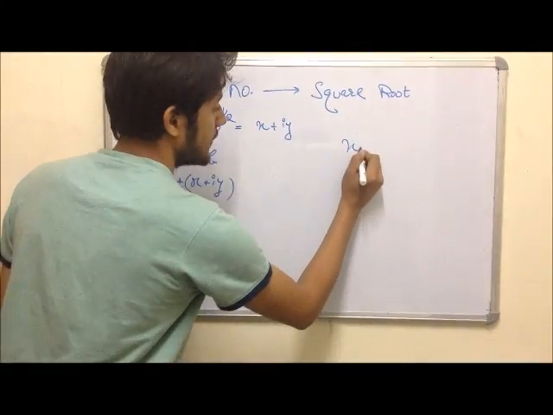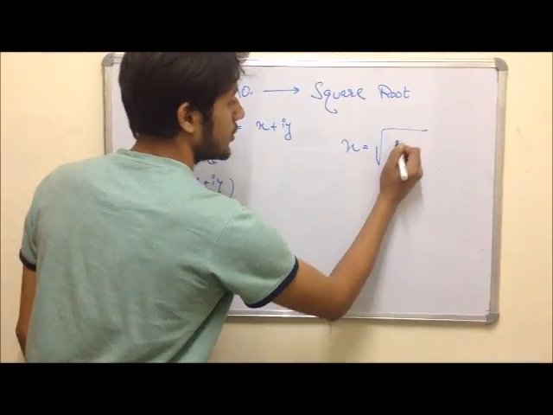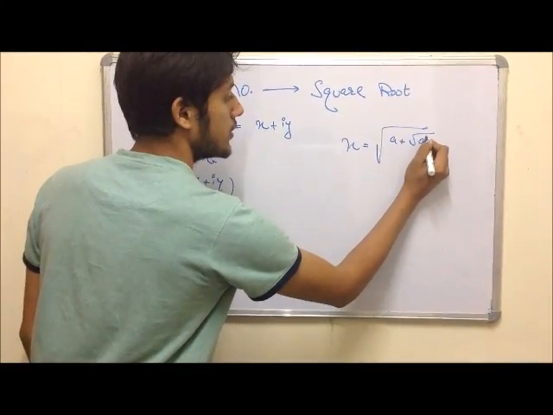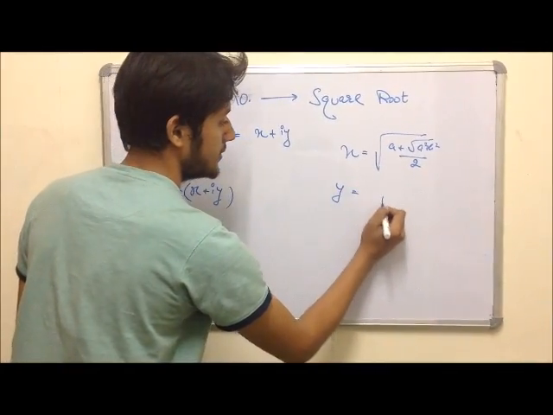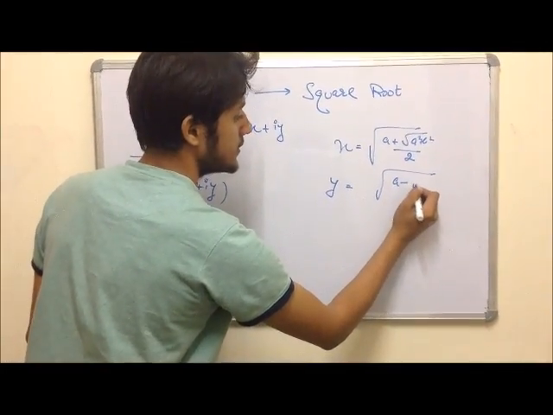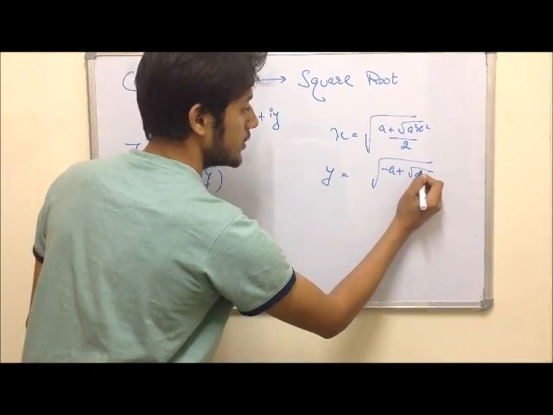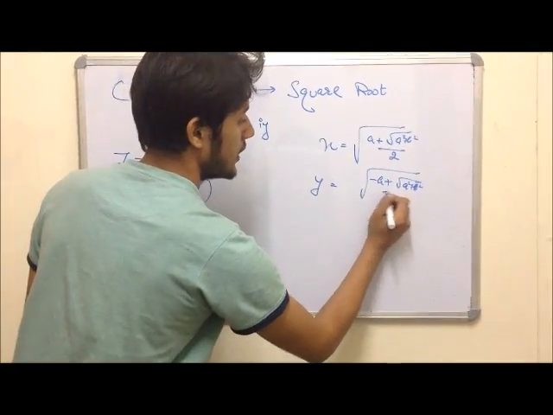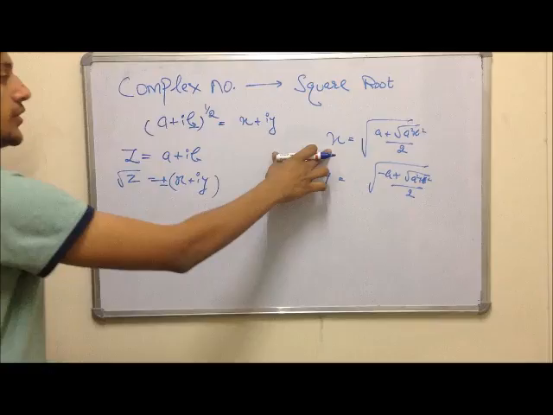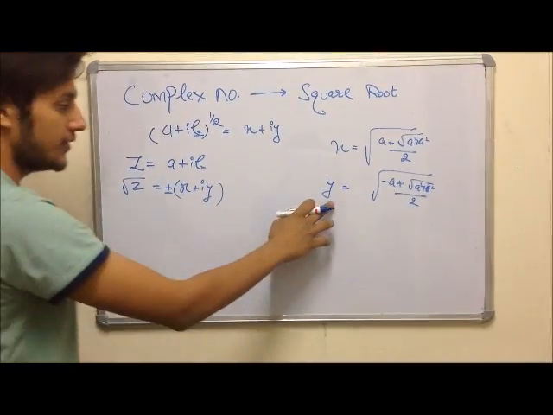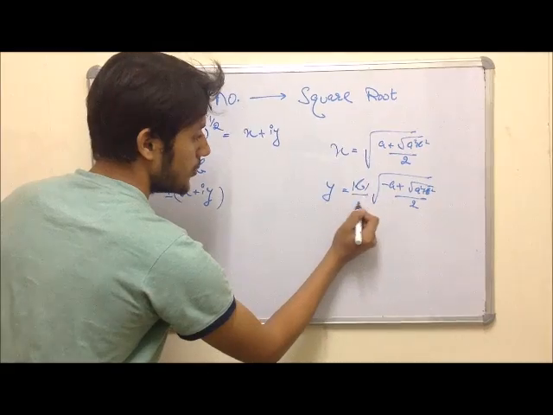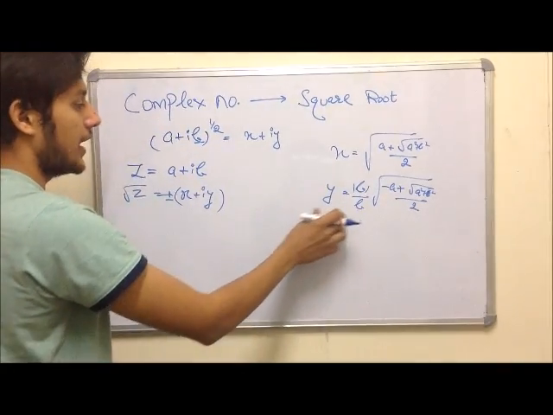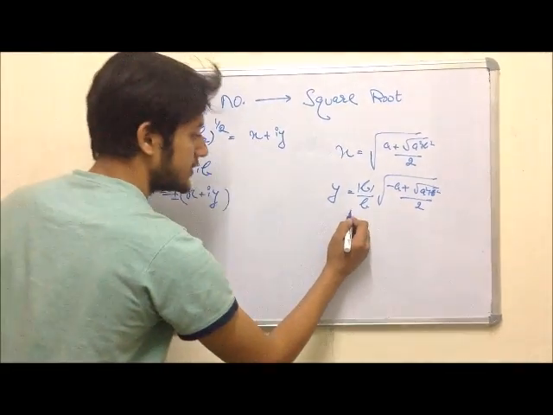We get the value of x previously as root of (a plus root a square plus b square) divided by 2, and the value of y as root of (minus a plus root a square plus b square) divided by 2. Here we have the sign of x as sign of a, but we don't have the sign of y as sign of b, so we will use mod b by b, which will give us the sign of y as the sign of b, and this is the signum of b.